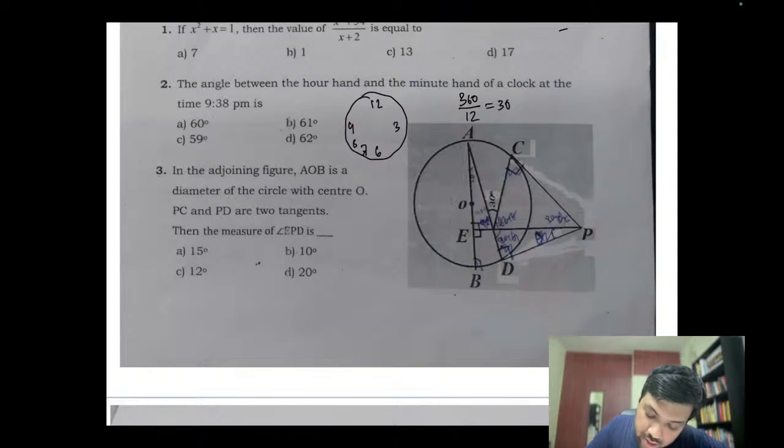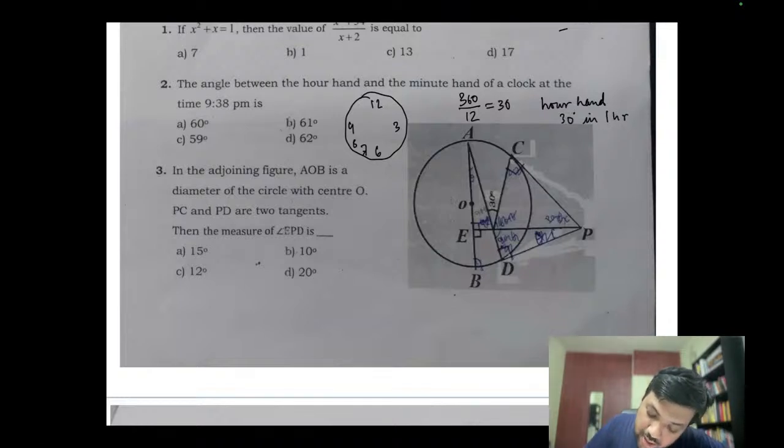It is essentially 360 degrees by 12, right? So it has to keep moving 30 degrees at a time, because it has to move totally 12 units of this. So the hour hand has to move 30 degrees in 1 hour.